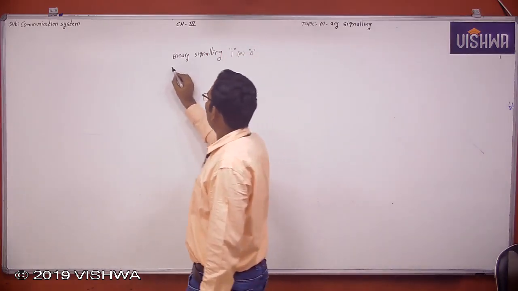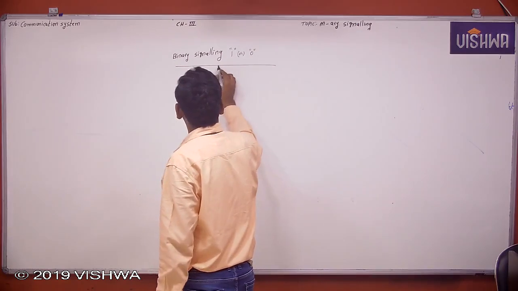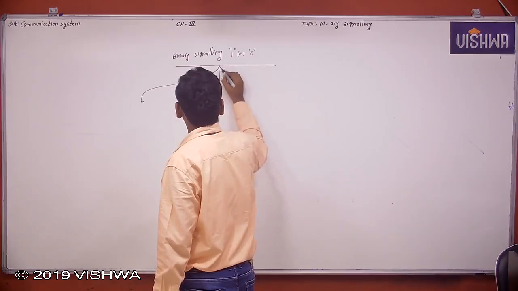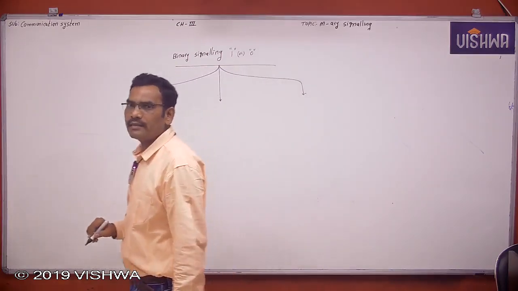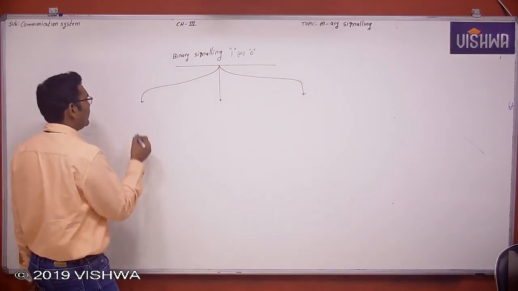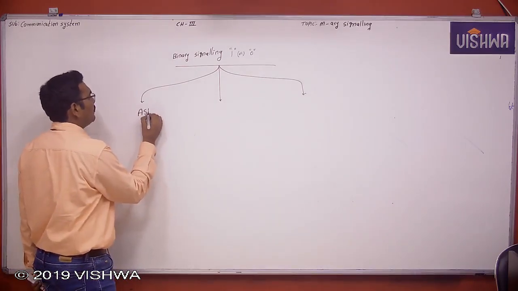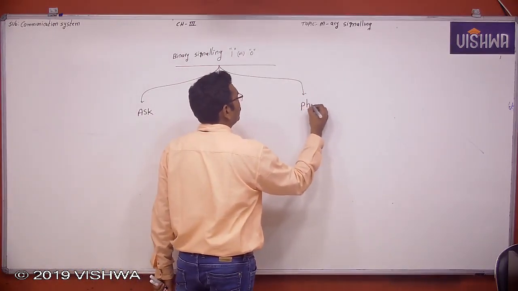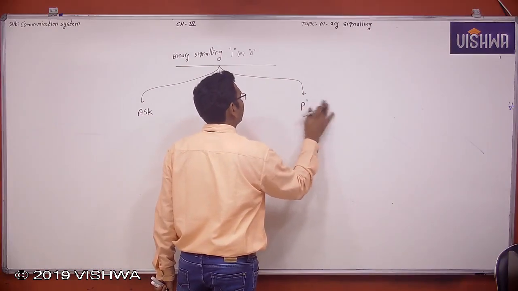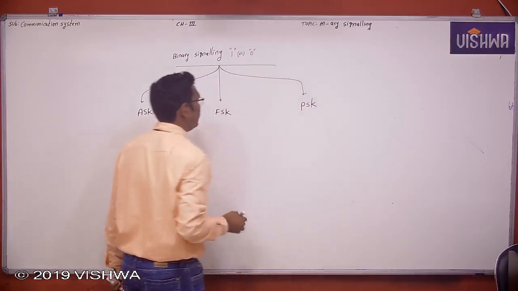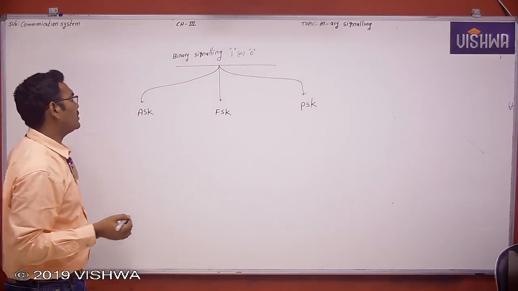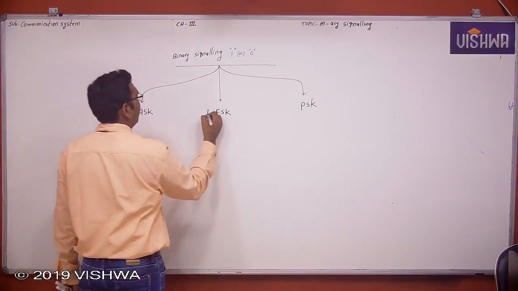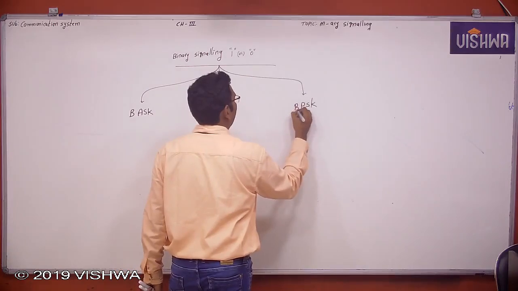For transmission of binary 1 and binary 0 over a longer distance, or transmission of bits 1s and 0s through a digital communication system, we need to take the help of the carrier, and those modulation techniques are called amplitude shift keying, frequency shift keying and phase shift keying, ASK, FSK, PSK. But these are the transmission of bits 1s and 0s. Therefore, this is called binary ASK, binary FSK, binary PSK.